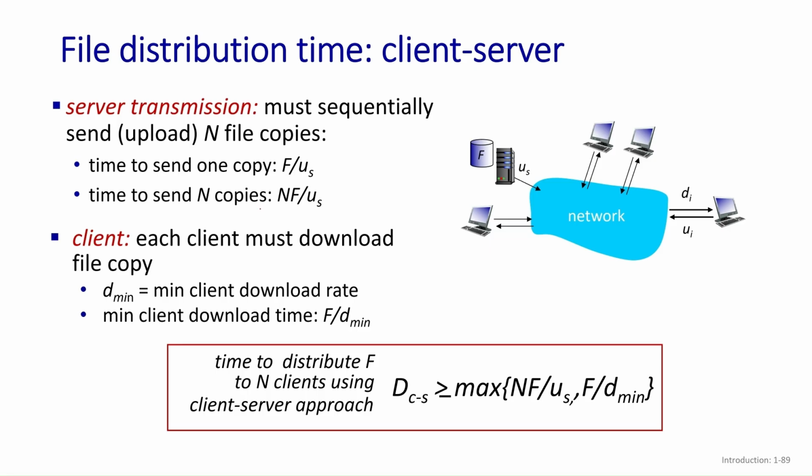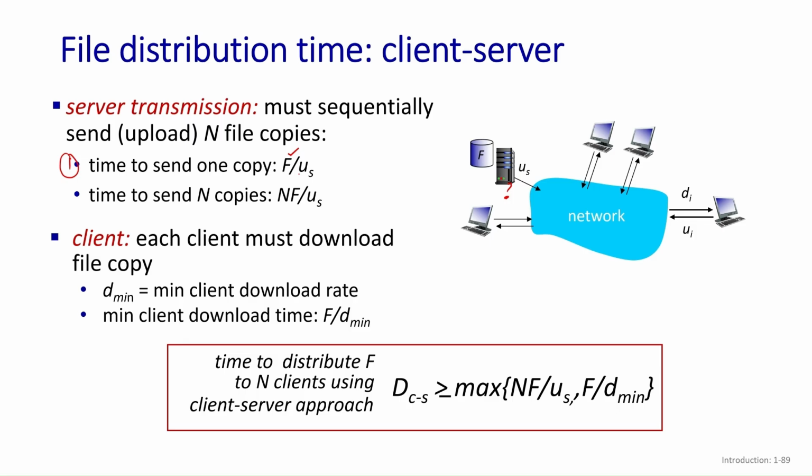Number one, what is the time required to send one copy of the file, that is, the time taken by the server to send one copy of the file? We get this by dividing the size of the file by the server's upload rate or sending capacity.